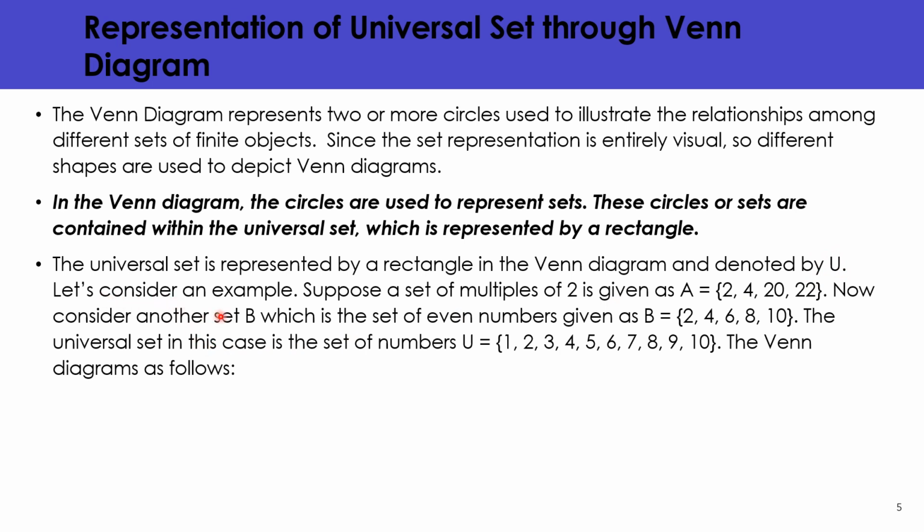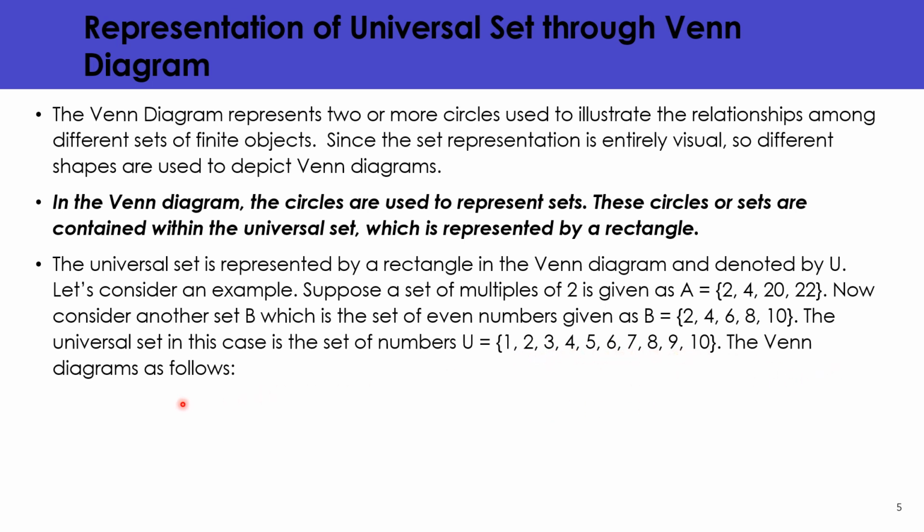Let's consider an example. Suppose a set of multiples of 2 is given as set A with elements 2, 4, 20, and 22. Now consider another set B with elements 2, 4, 6, 8, 10. The universal set in this case is the set of numbers U with elements 1, 2, 3, 4, 5, 6, 7, 8, 9, 10.